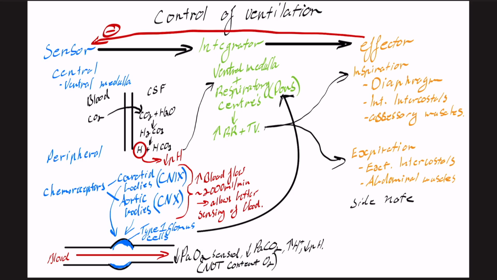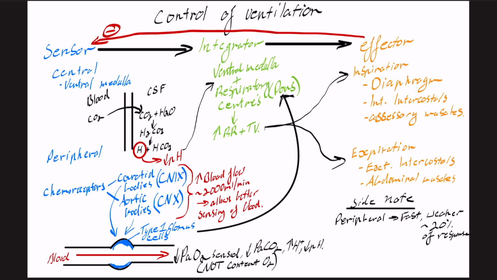Now, we've mentioned two sensor systems here, your peripheral and your central. As a side note, your peripheral chemoreceptors provide a more immediate response to, say, hypoxia or changes in CO2, but it's a weaker and less prolonged response.